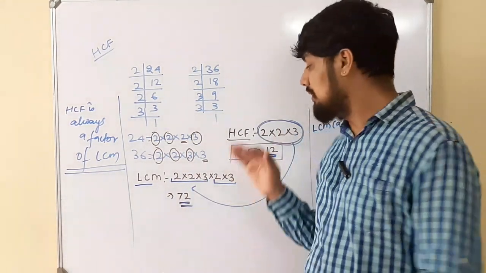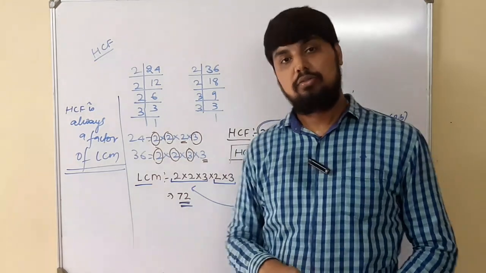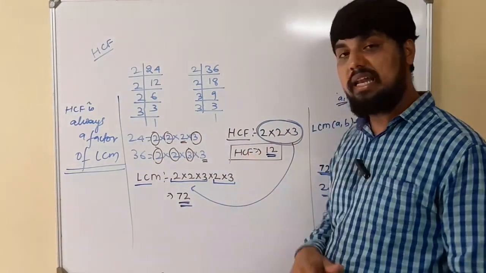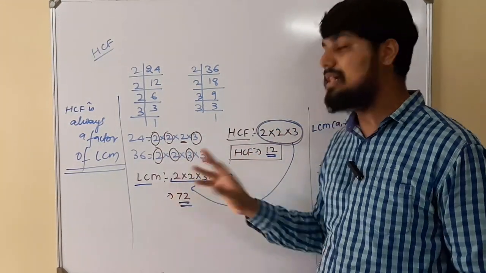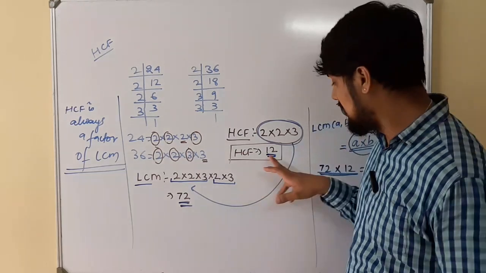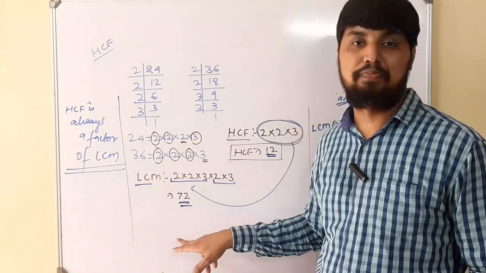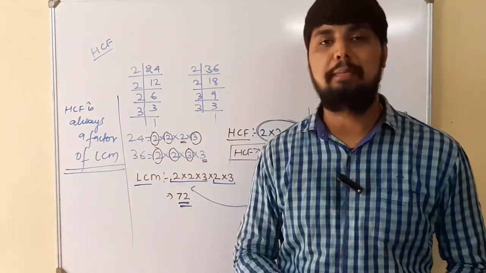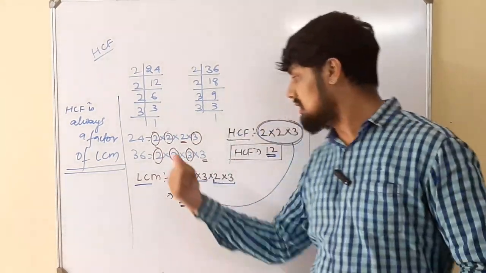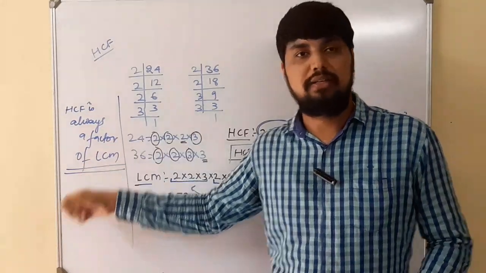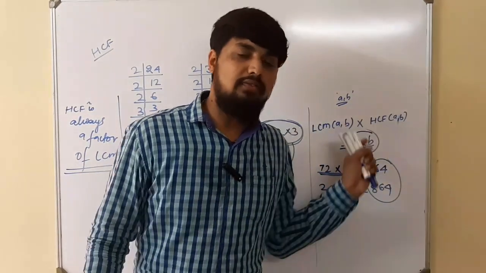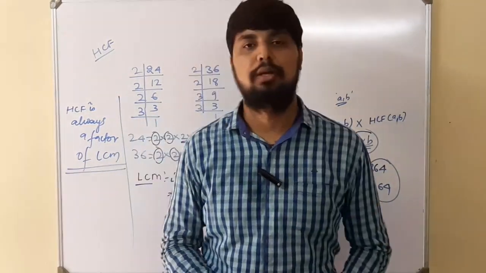Whenever you calculate LCM and HCF, you can check that whatever HCF we get, the LCM will be a multiple of that only. See, 12, it is 72. So 12 6s is 72. In a similar way, you can take different examples and try these two relationships: HCF is a factor of LCM, and LCM into HCF is equal to the product of the two numbers.